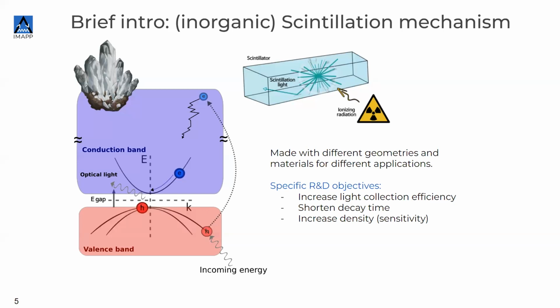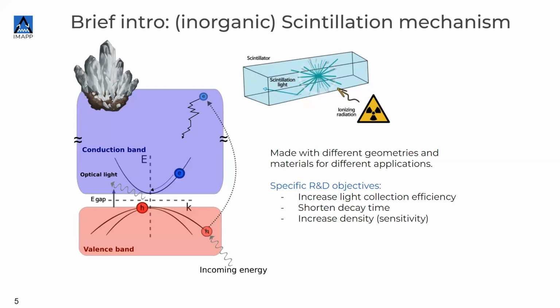So specific R&D objectives could be: increase the amount of light emitted, because the more photons you have, the better the statistics, and the more precisely you can define the energy and maybe the time of arrival of the particle. Shorten the decay time because of pile-up problems.